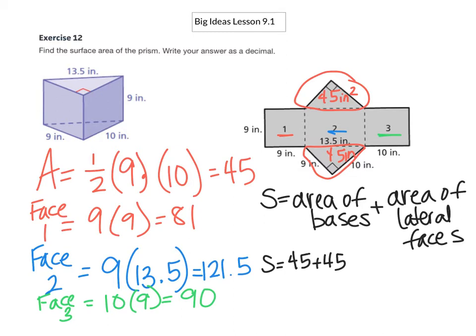Then we're going to take the area of face 1, which was 81, the area of face 2, which was 121 and a half, and the area of face 3, which was 90. When we add that all together, we end up with 382 and a half inches squared.